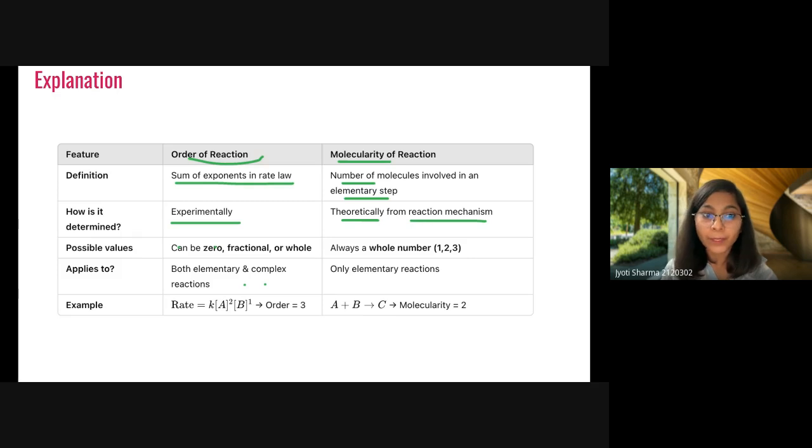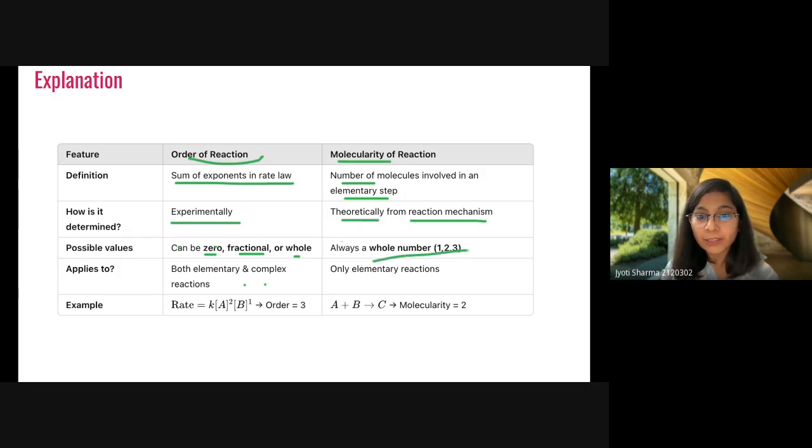But if we want to calculate the molecularity, then we can calculate it theoretically from the reaction mechanism. Okay, then if we are calculating the possible value, the order of the reaction can be zero, can be fractional, can be a whole number, because we are just calculating it experimentally. But molecularity is the number of molecules we need of the reactant, and the number of molecules cannot be a fraction, so it will always be a whole number.